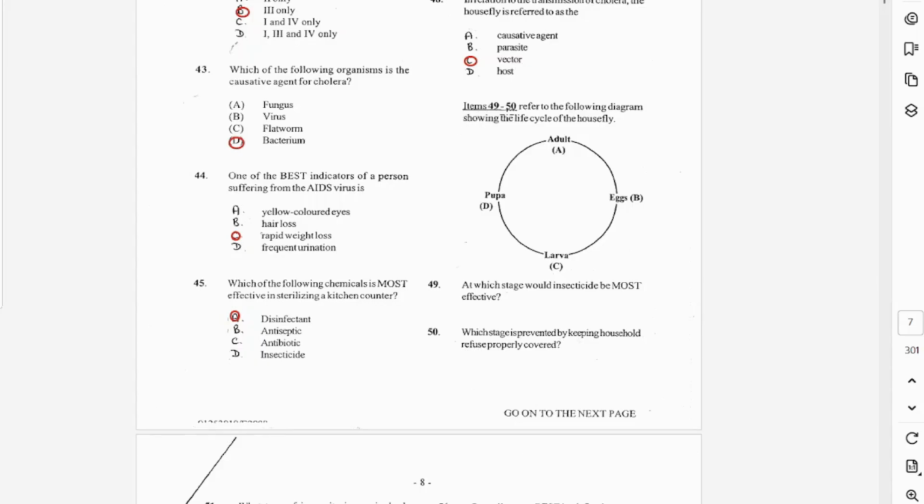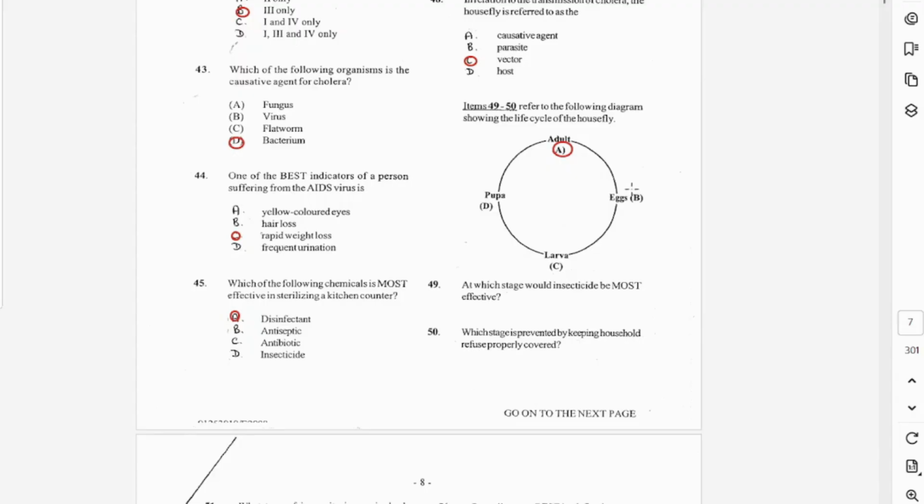So items 49 to 50 refer to the following diagram showing the life cycle of the housefly. So 49, at which stage would insecticide be most effective? That would be A, at the adult stage. And 50, which stage is prevented by keeping household refuse properly disposed?